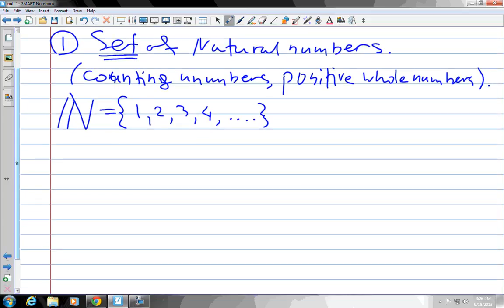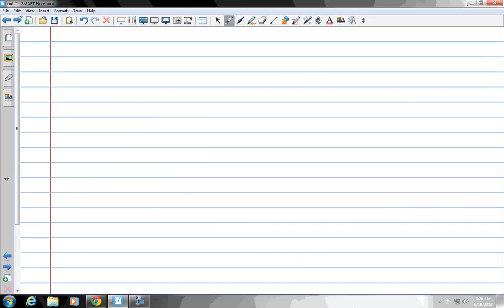Just positive whole numbers, 1, 2, 3, 4, 5. So as we agreed, these numbers live on the number line. So if I draw a number line, I have 1, 2, 3, 4, and so forth. Are there any gaps or holes on my number line right now after I just placed 1, 2, 3, 4?